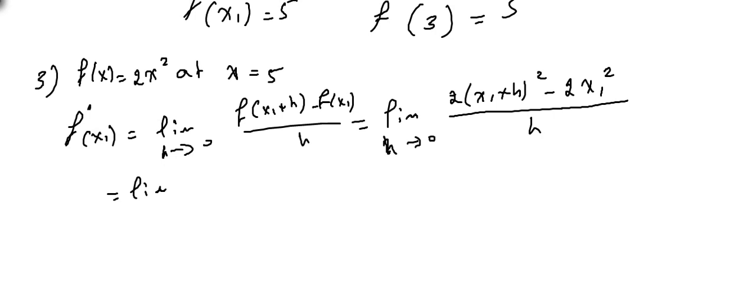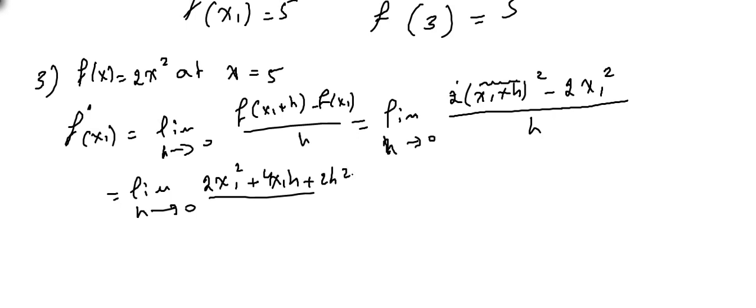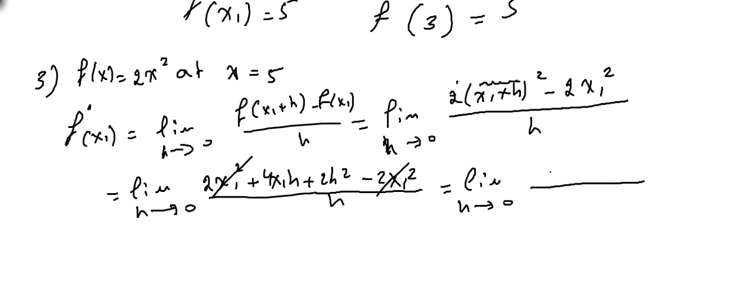Expanding, the limit as h tends to 0 of 2 multiplied by what comes from this identity: 2x1 squared plus 4x1h plus 2h squared minus 2x1 squared over h. 2x1 squared minus 2x1 squared cancel. We take a common factor, because h equal 0 makes the numerator and denominator 0. So h times (4x1 plus 2h) over h, cancel. Now we substitute h equal 0, and what is left is 4x1.